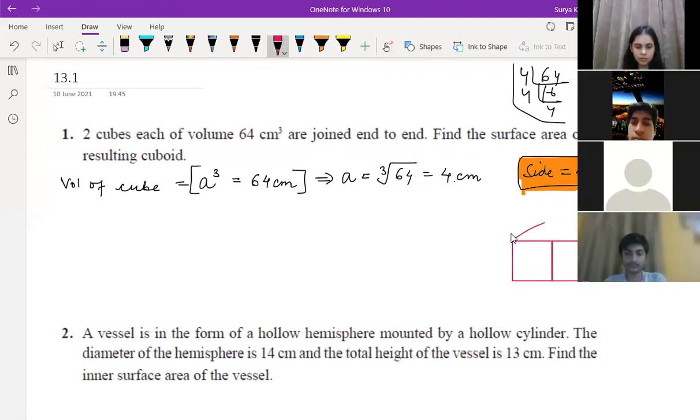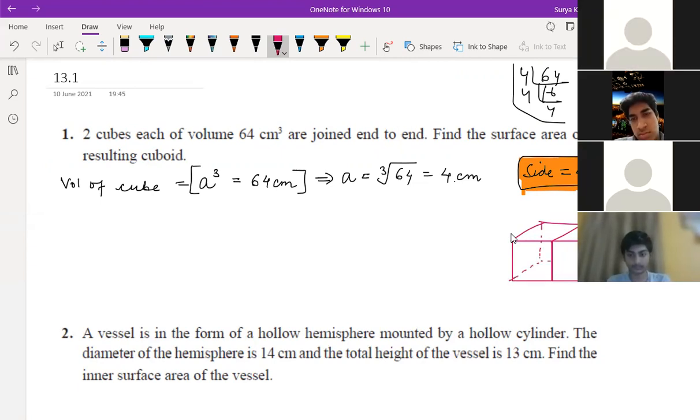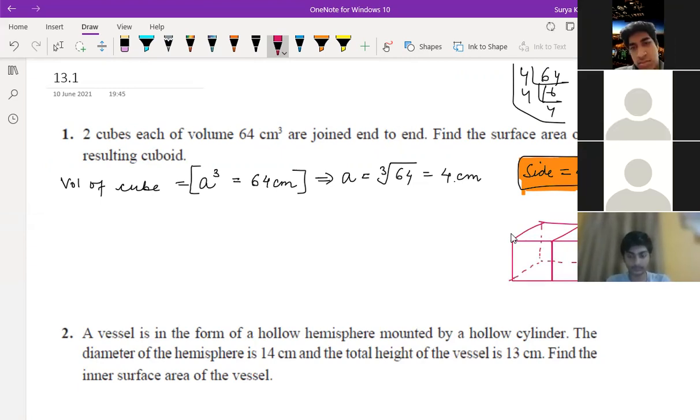If you draw the cube like this, it will come into this position. Okay, two cubes are joined. All sides are A, that is 4, 4 and 4.